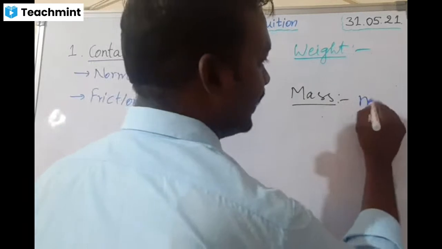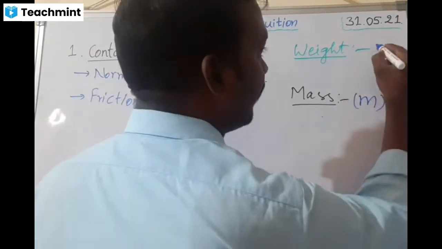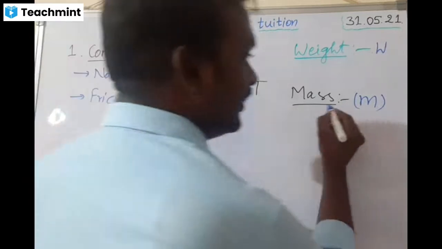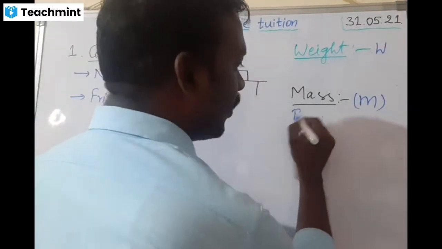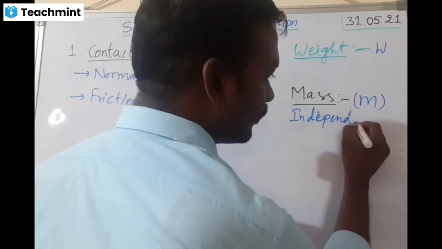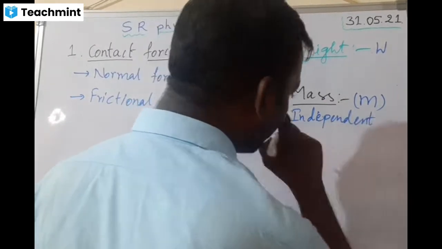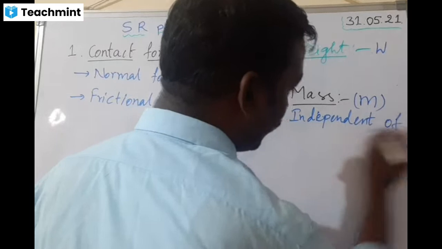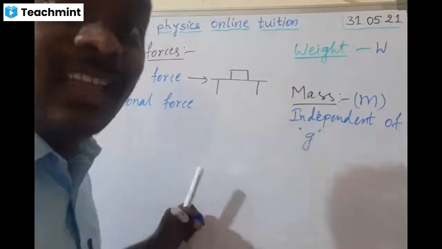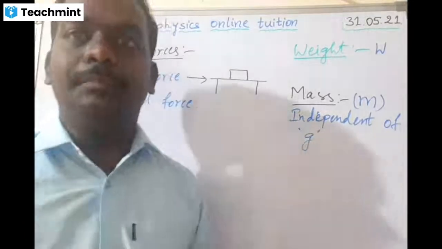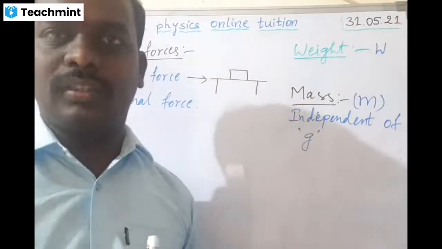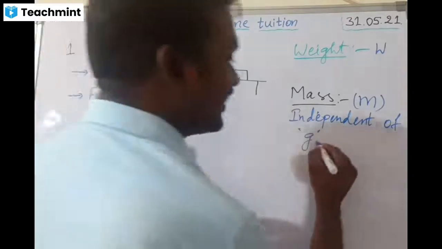M. Mass is indicated with the letter M, and weight is indicated with the letter W. So here, this mass is independent of G. What is this G? Acceleration due to gravity. This will come to be known in the further classes. Don't get confused about this. Okay. So this mass is independent of G.